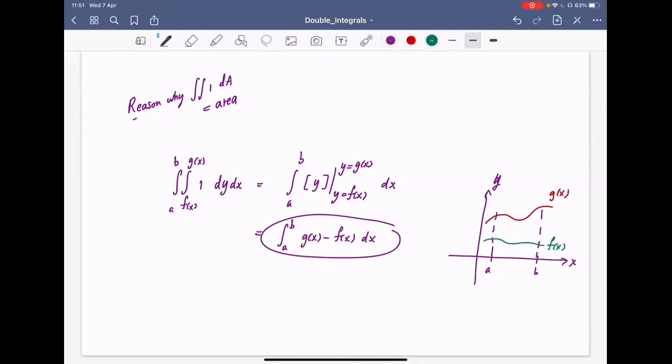If I want the area of this region, I integrate g(x) minus f(x) from a to b. This is from calculus 1. If you set up the double integral with the integrand being 1, it reduces to something you know from calculus 1, and this is the area.